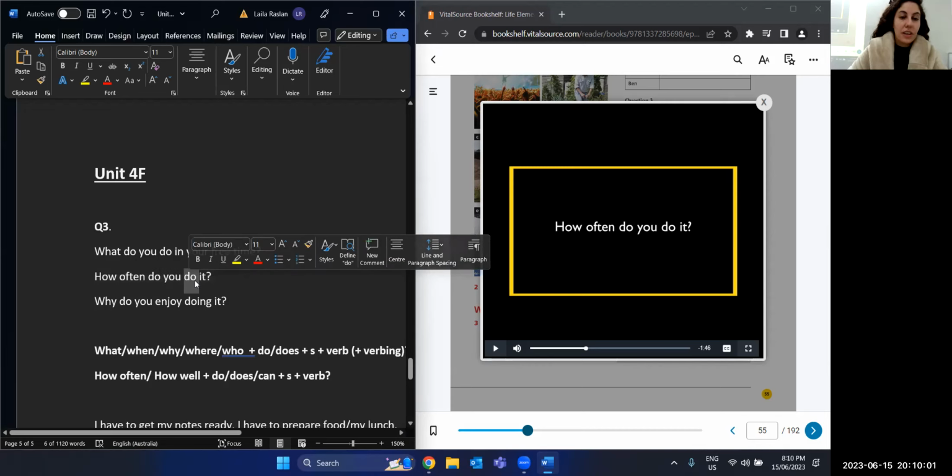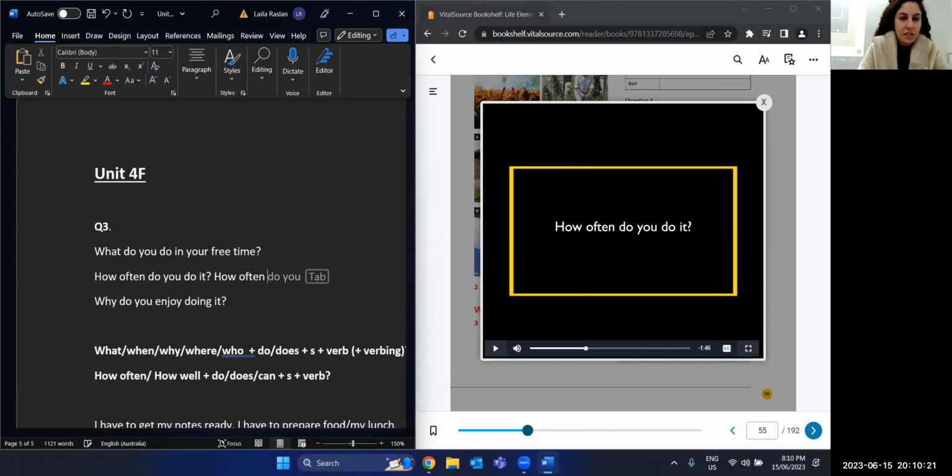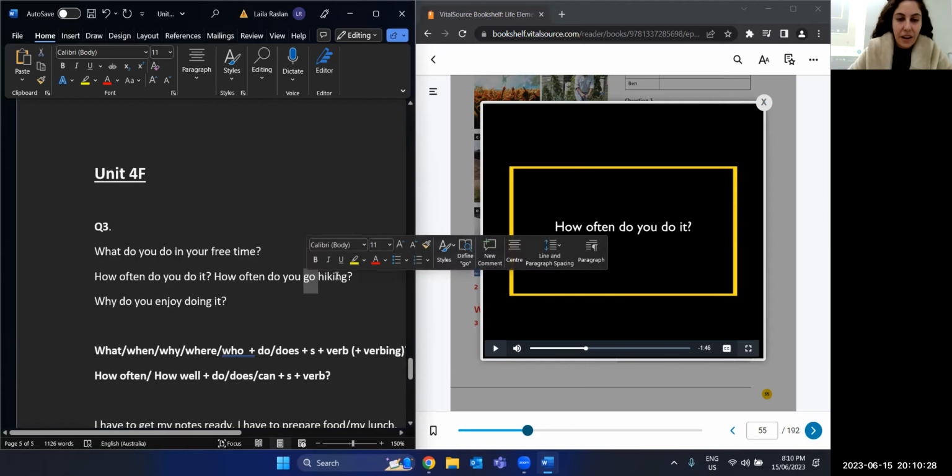So remember, the action, the verb can change because it depends. We know when we talk about activity, we have play soccer, do yoga, or a different verb. So just be careful. If you want to say what it is, then you might have to change this one. So, how often do you go hiking?